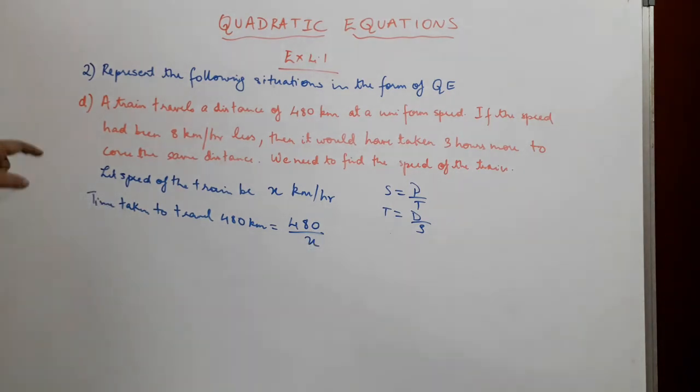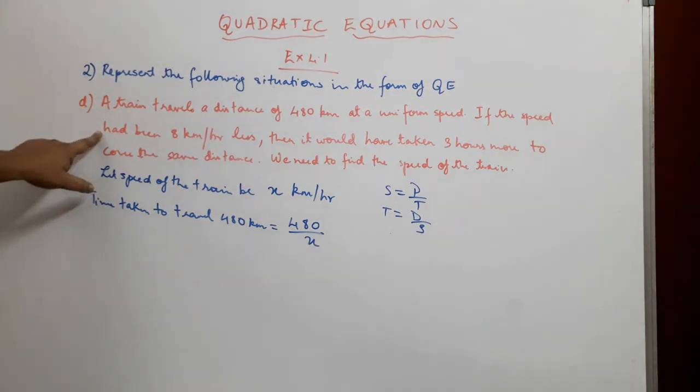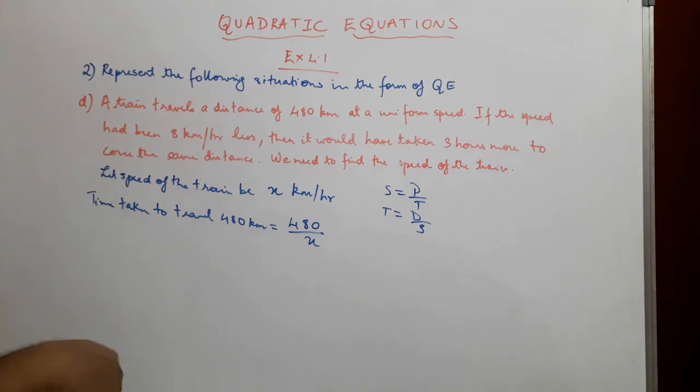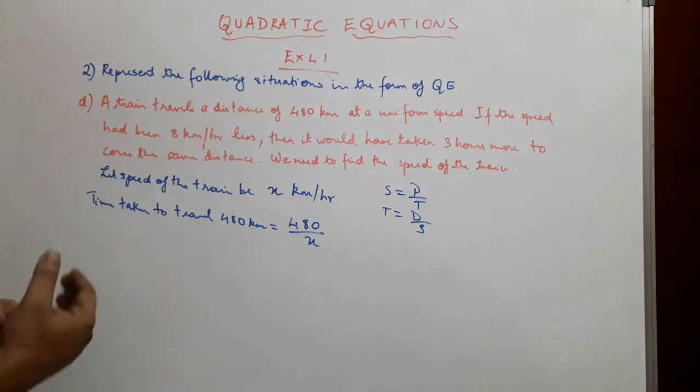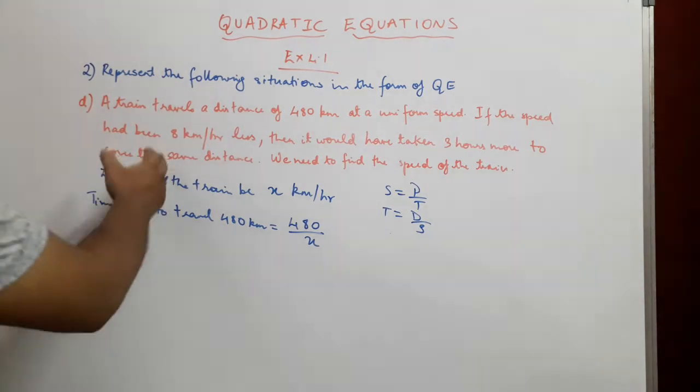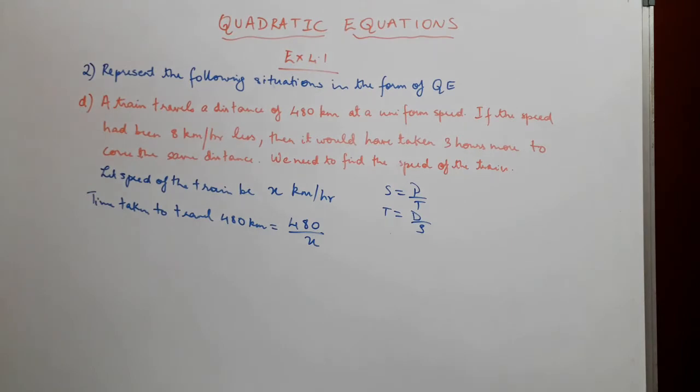Now next it says if the speed had been 8 kilometers per hour less. Whenever it says less, it means minus. When it says more or more than, it's plus. If it is less or less than, it is negative. Similarly, whenever there is an increase, that means addition, a plus sign, and whenever it says decrease, it means a negative sign.